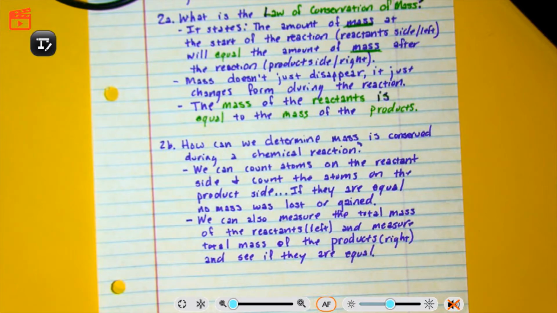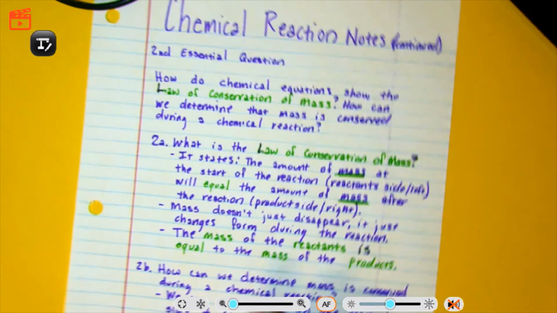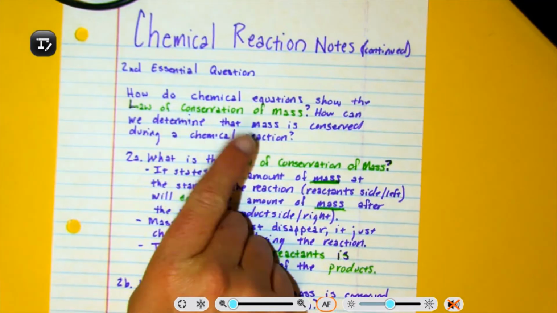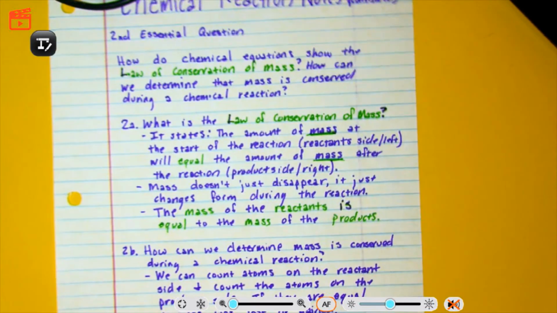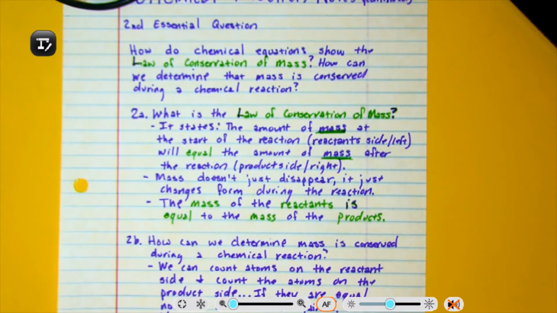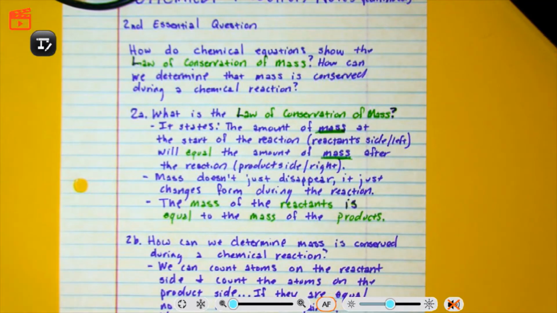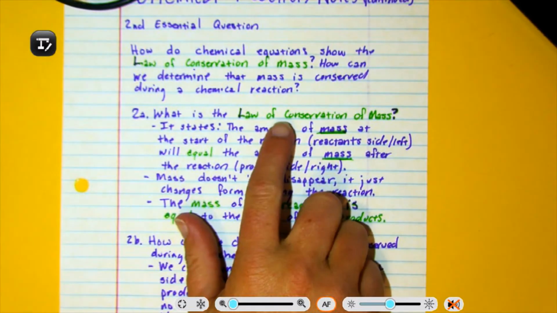All right, so our essential question on this one was, how do chemical reactions show the law of conservation, and how can we determine the mass is conserved? Well, whenever we look at chemical equations, we know the law of conservation of mass states that mass is going to be equal.